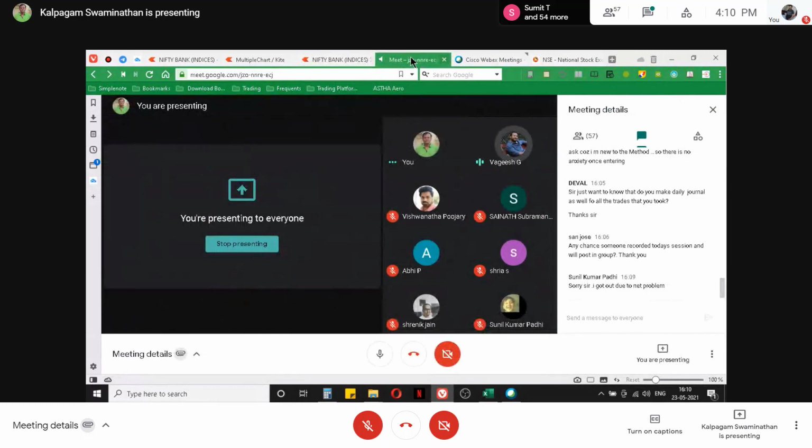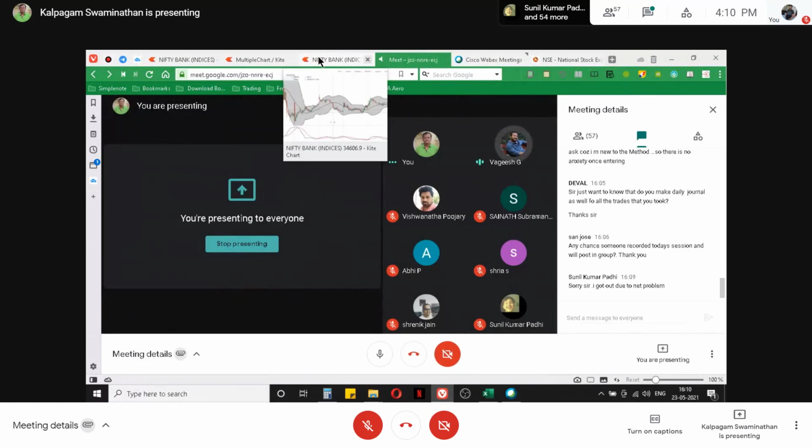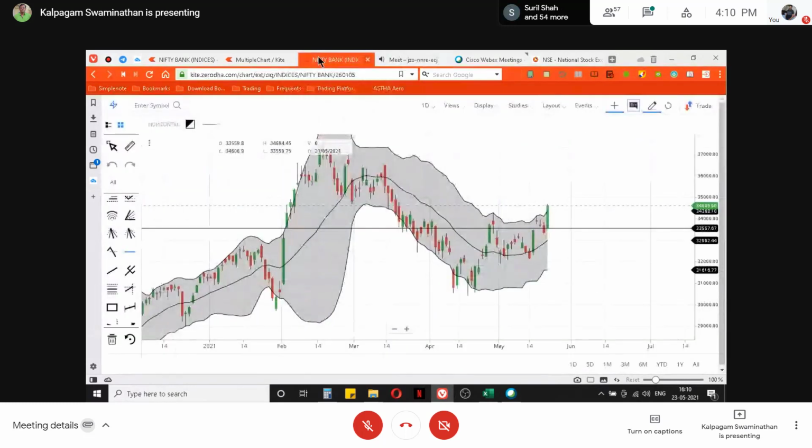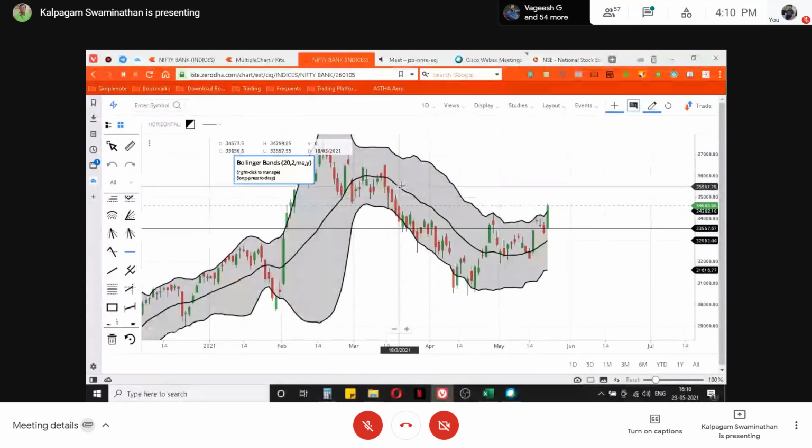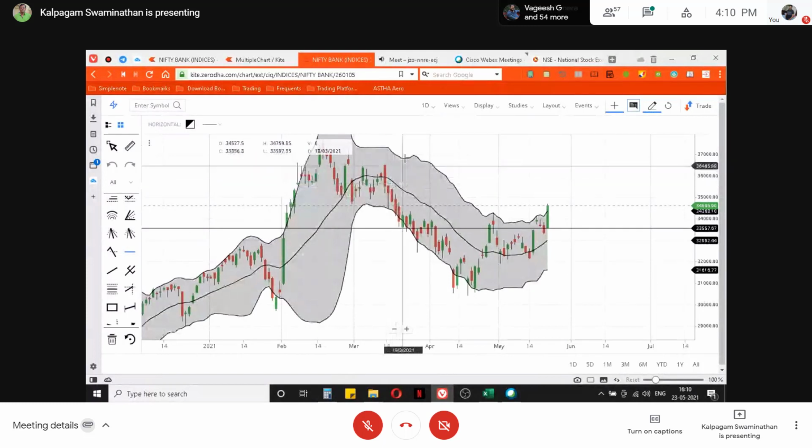Sir, what does the middle line indicate in the Bollinger Bands? The middle line is a 20 period moving average. That's why the Bollinger Band setting is 20. The 2 is the standard deviations which you select. Normally, if you take 2 standard deviations, 95% of the observations will fall within the band.